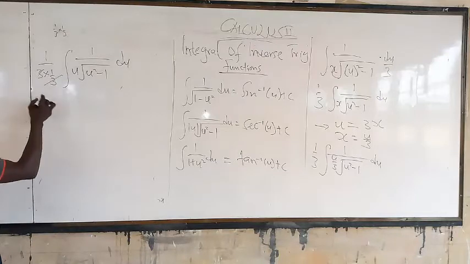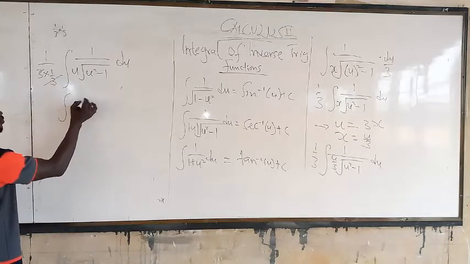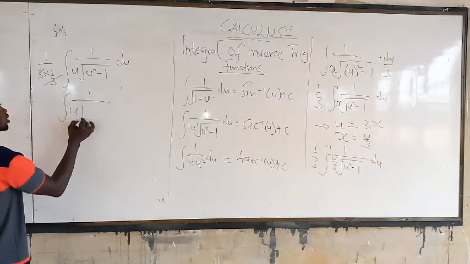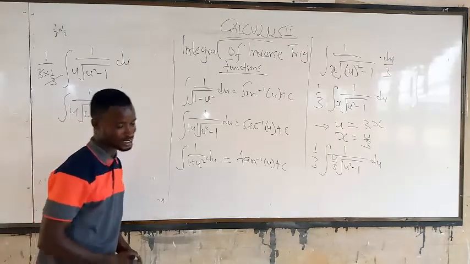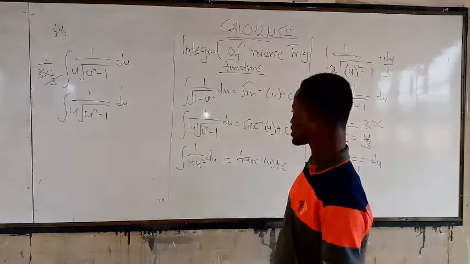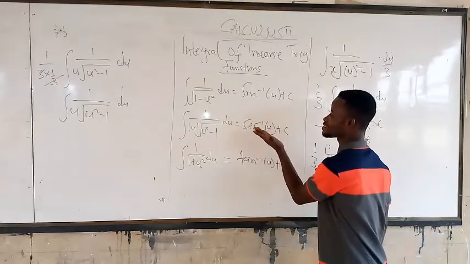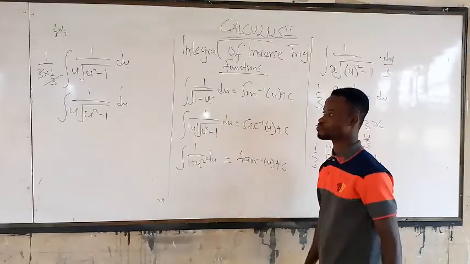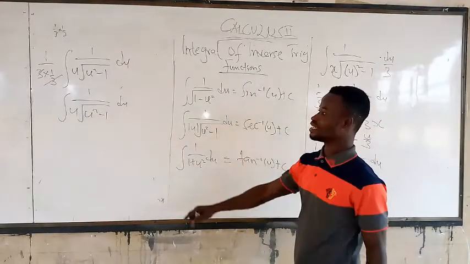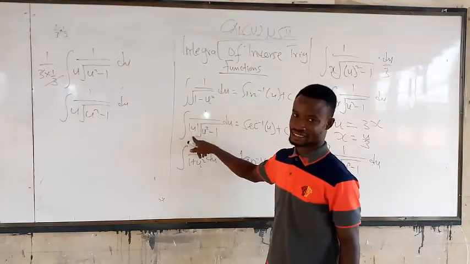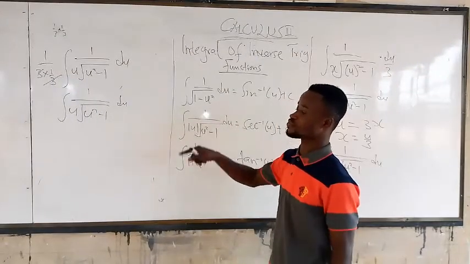So this takes away this, you have the integral of 1 over u square root of u squared minus 1. Oh, mathematics. So that is exactly sec inverse. The absolute sign here means that this can be negative. So if it's negative, it will be positive. Alright?